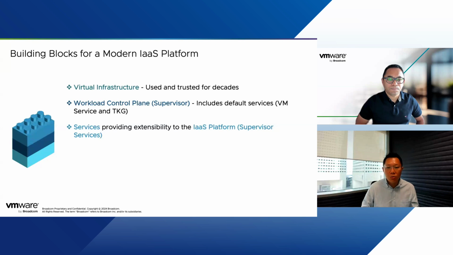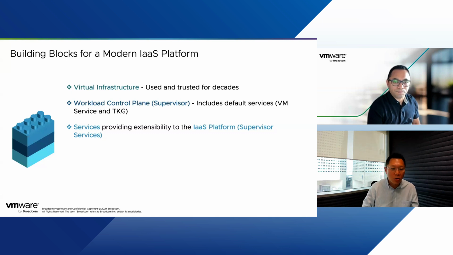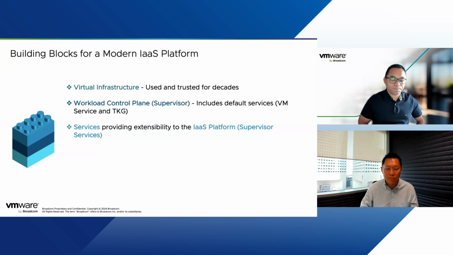Then, of course, we want to provide extensibility to the platform, and therefore we have the supervisor services, like Harbor, Contour, Velero and things like that. This layer is very necessary to support your container platform.